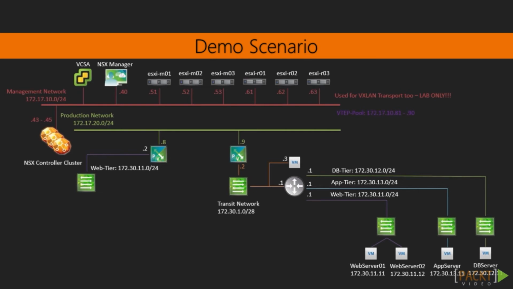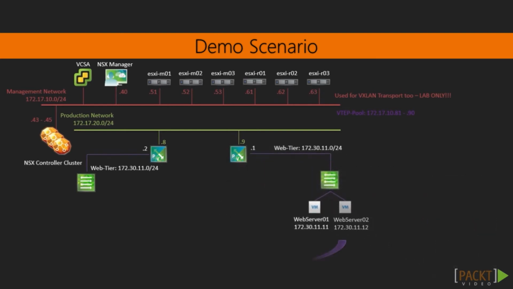Once the secondary edge is being created and the network is being set up, we are going to remove the DLR pieces and directly attach our existing logical web tier to the first edge gateway, and then we are going to move the web server 02 over to the newly created edge. Normally these are now two separate Layer 3 segments per default.